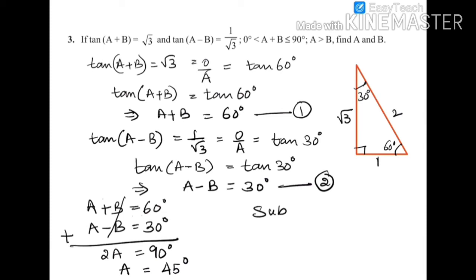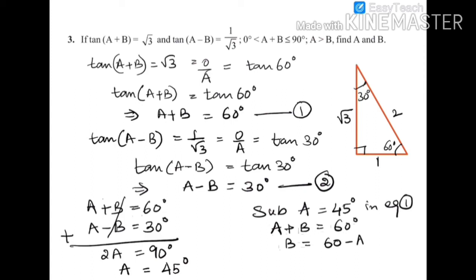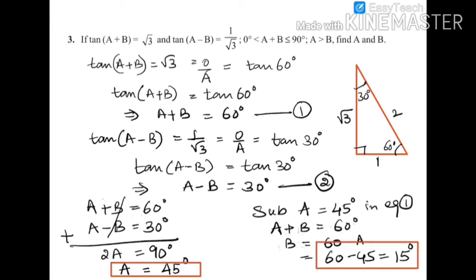To find b, substitute the value of a in equation 1. A plus b is equal to 60 degrees. So b is equal to 60 minus a, that is 60 minus 45, which is equal to 15 degrees. So we have got the values for a and b.